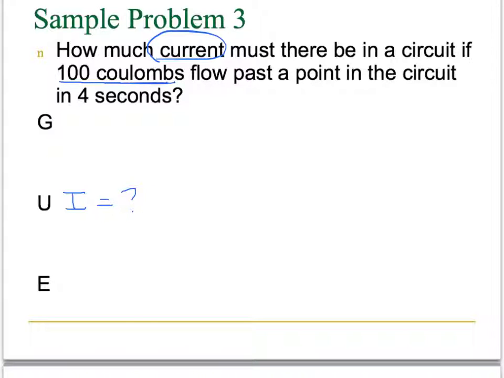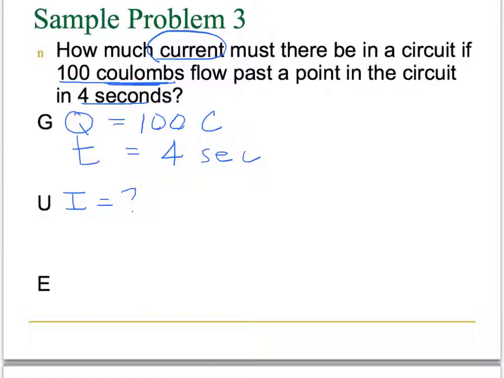So what is coulombs? Coulombs is the unit of charge, so therefore Q is given, 100 coulombs. The unit is already the proper SI unit, so you don't have to change it. And the other one that is given is 4 seconds. Seconds is the unit of time. So we have T equals 4.